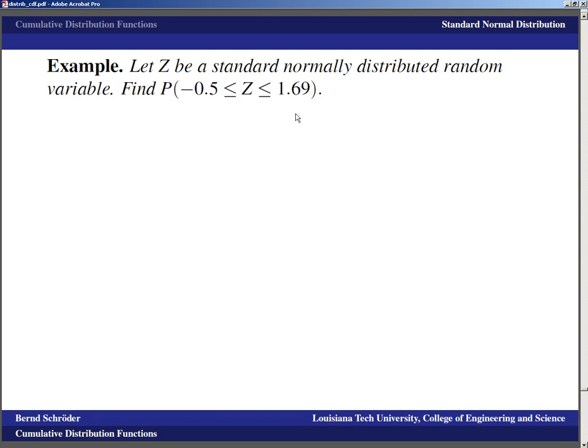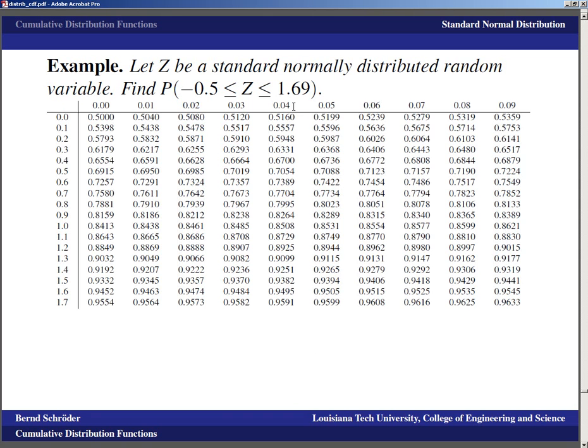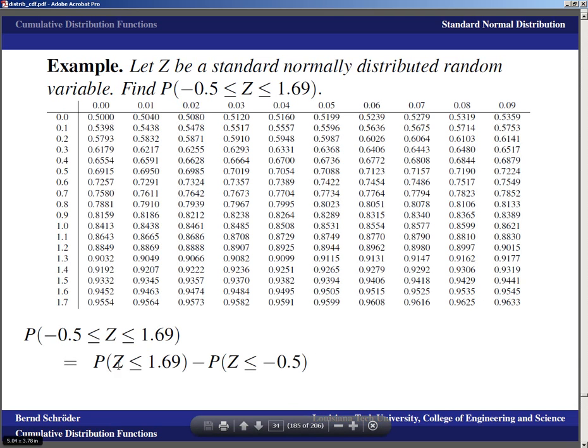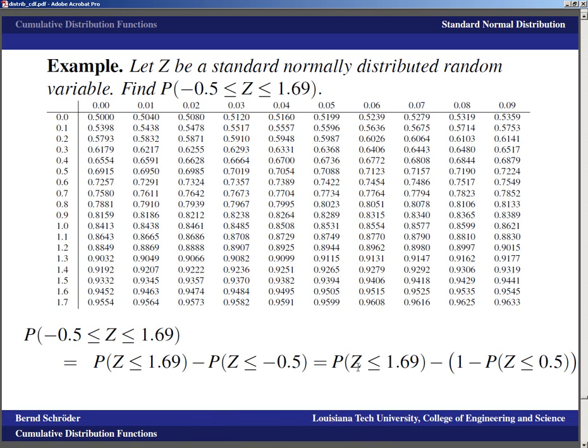And what else can we do? We can find the probability that the outcome is between two given numbers. Well, the probability to be between negative 0.5 and 1.69 is the probability to be to the left of 1.69 minus the probability to be to the left of negative 0.5, which is the probability of being to the left of 1.69 minus 1 minus the probability to be to the left of 0.5. That's the typical transformation, right?